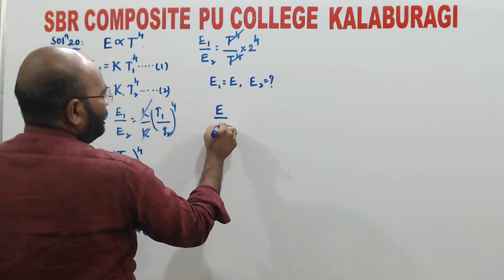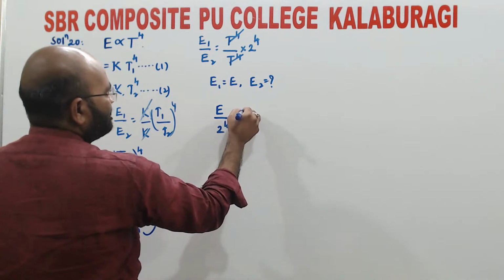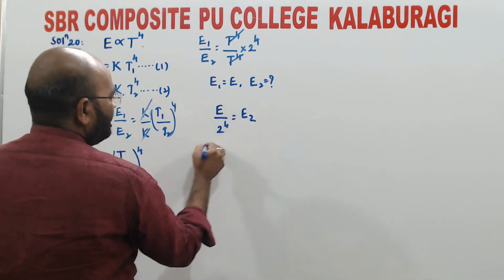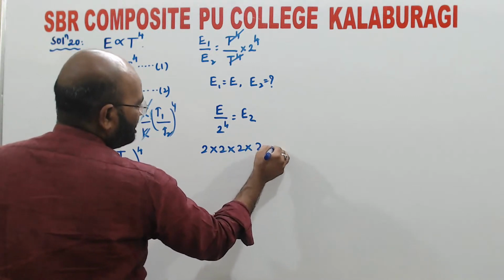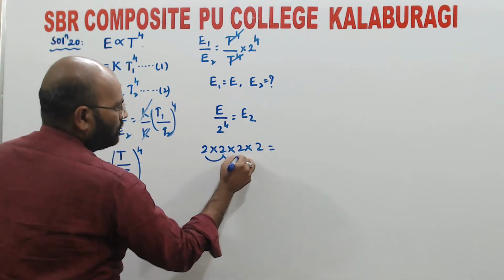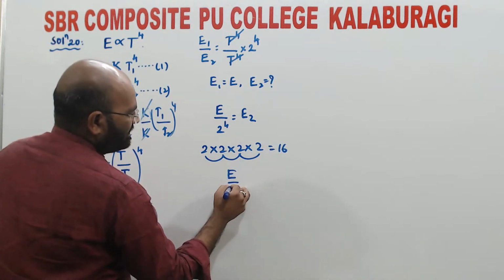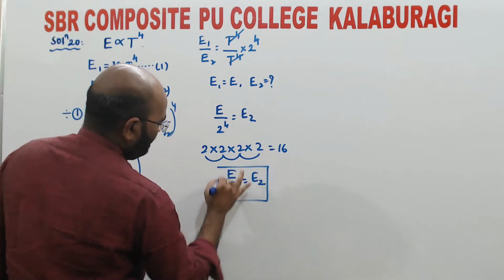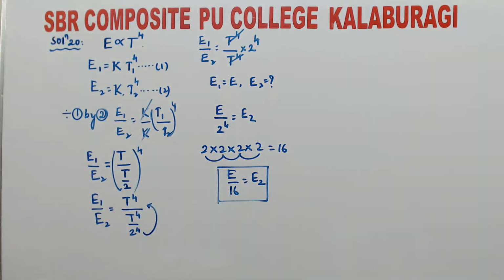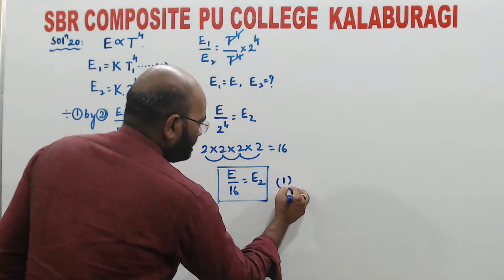E divided by 2 to the power 4 is E2, so 2 twos are 4, 4 twos are 8, 8 twos are 16. So this is E by 16 times, this is the given answer. Option number first is the correct answer.